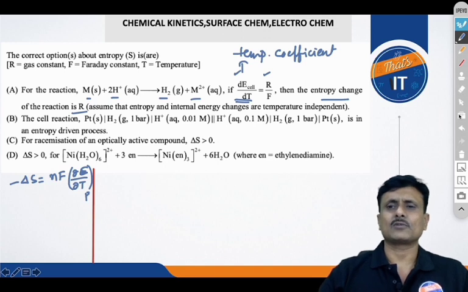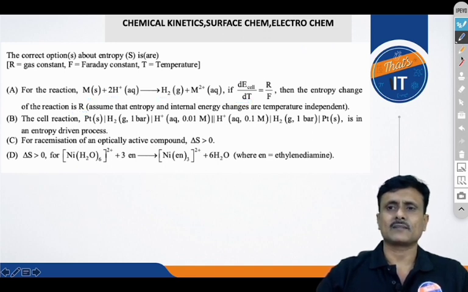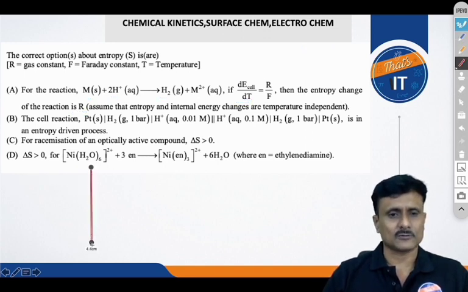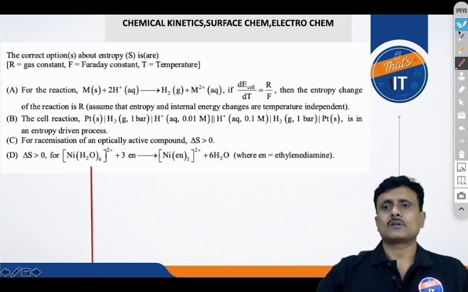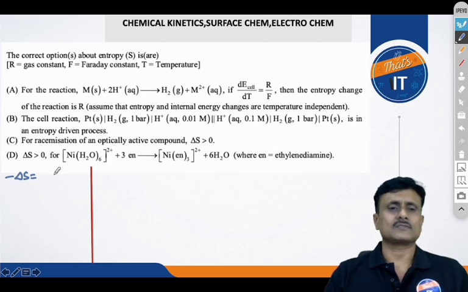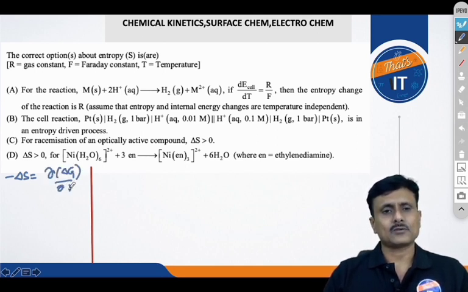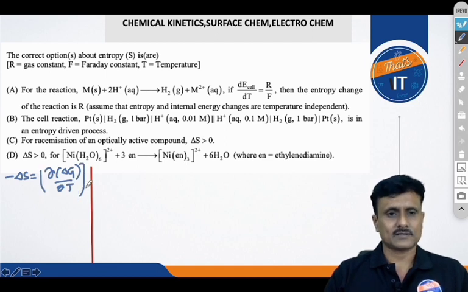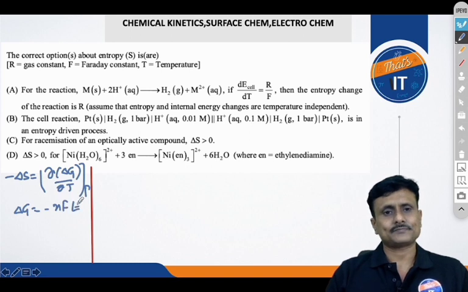If you have any doubt about where we got that from, I am here to help you with its derivation also, right? As we all know, minus delta S is equal to dou delta G by dou T at constant pressure, and we know that delta G equals minus nFE. Therefore, what do you get here?